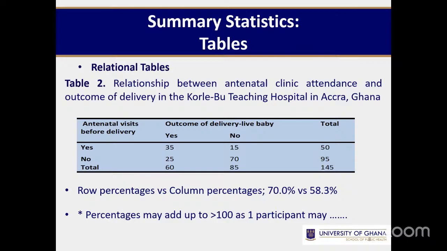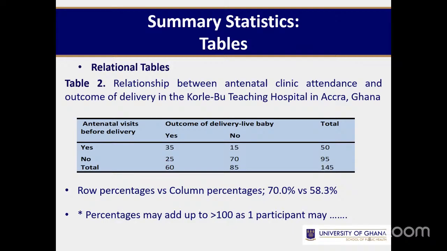But the total number of mothers is the same. So the denominator is not changing. But when you do the calculations, summing the proportions, invariably the percentages will be more than 100.